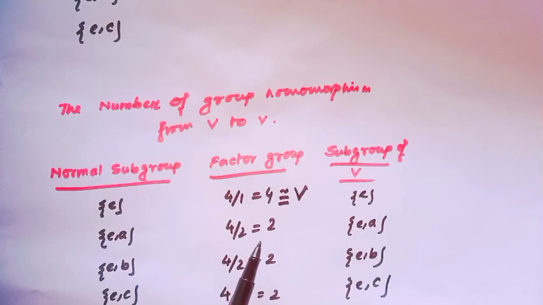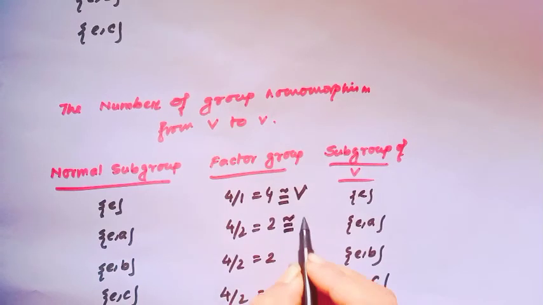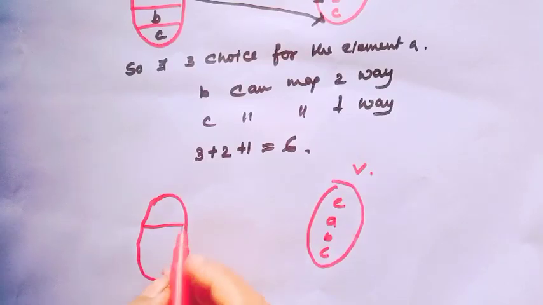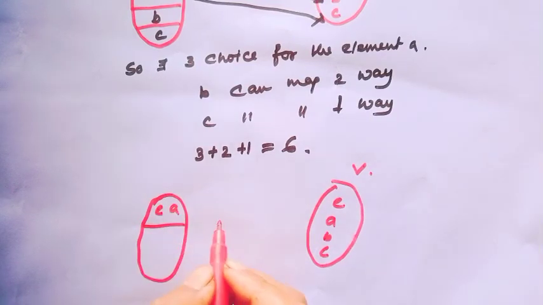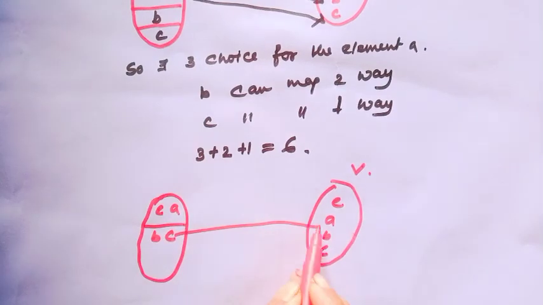then the order of the factor group would be 2, and this is isomorphic to Z2. We all know this. Here the mapping looks like this: the kernel contains 2 elements E and A, then the other coset contains B and C, and B and C can map in 3 ways.